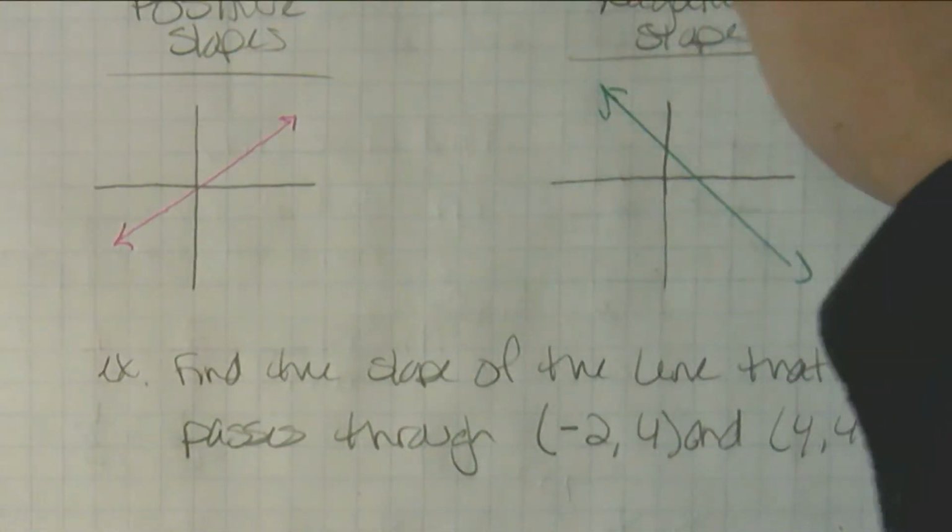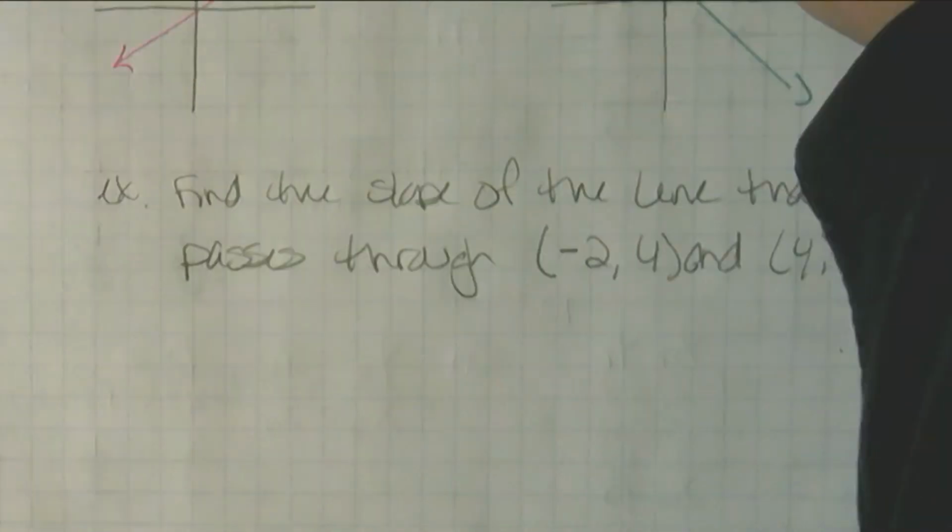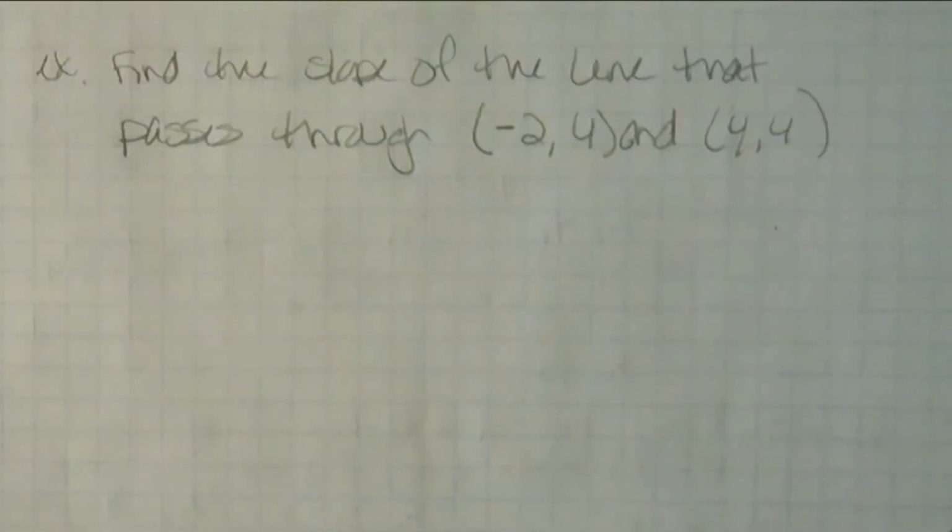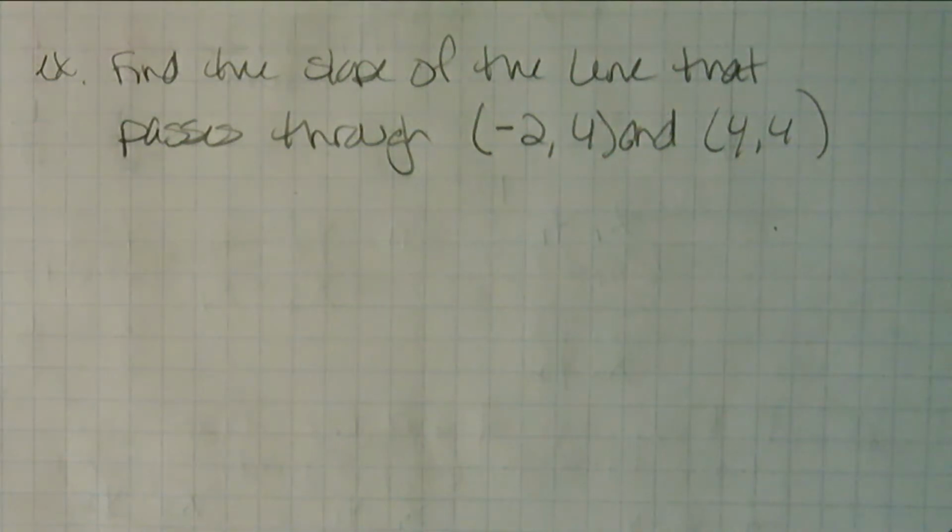So I want you to find that slope. When you're done finding the slope, I want you to graph those points. I know that seems backwards, but I want you to find the slope first, and then graph those 2 points, because I want you to see what that line looks like.